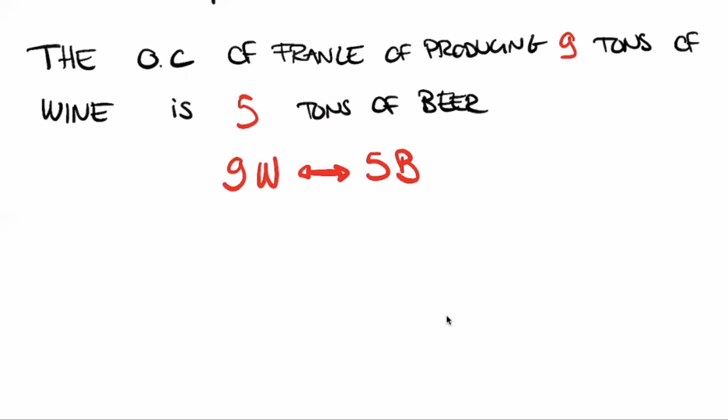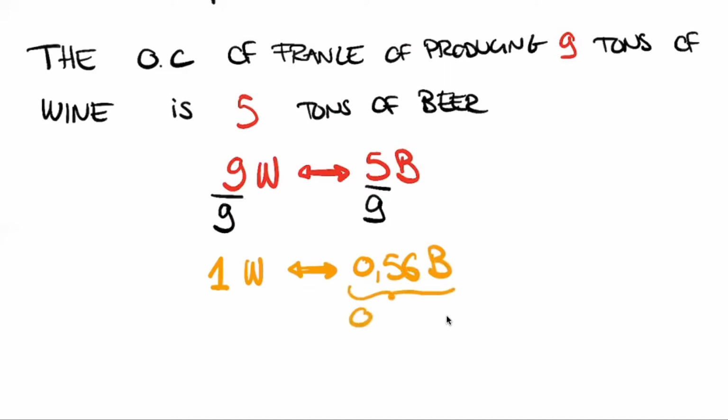So what I do is that I divide both sides by 9, and I get that 1 ton of wine is equivalent to 0.56 tons of beer. So that's the opportunity cost. And what it says is that basically by producing 1 ton of wine, I could have produced instead 0.56 tons of beer. Okay?